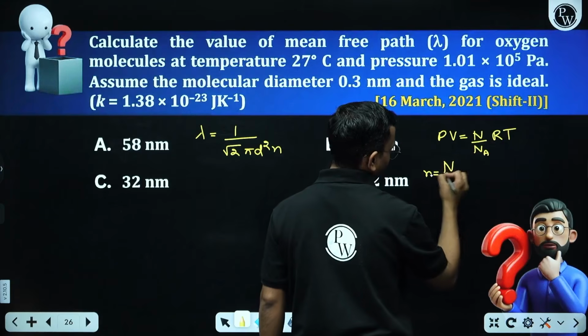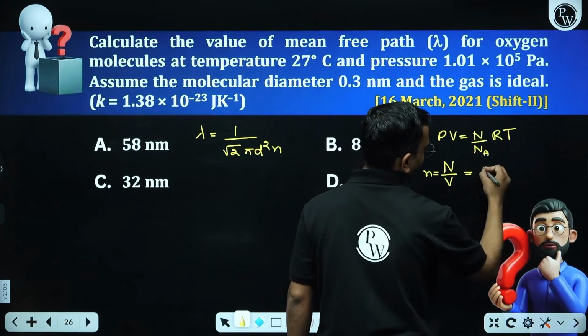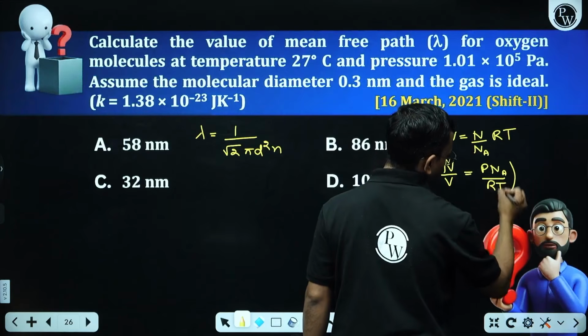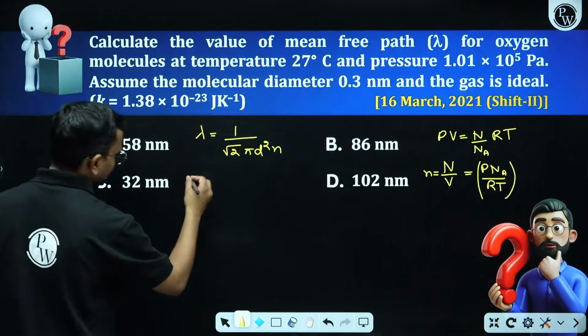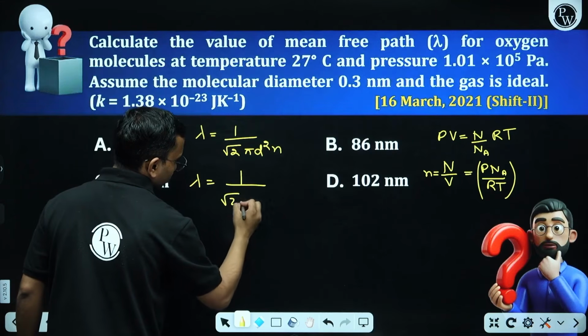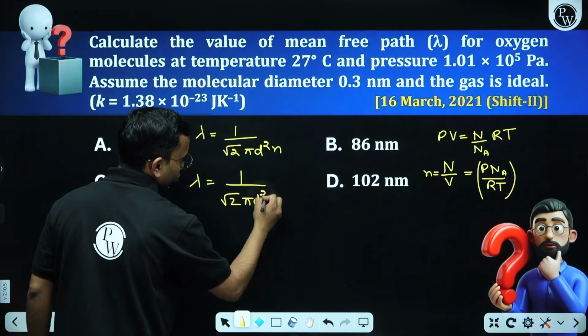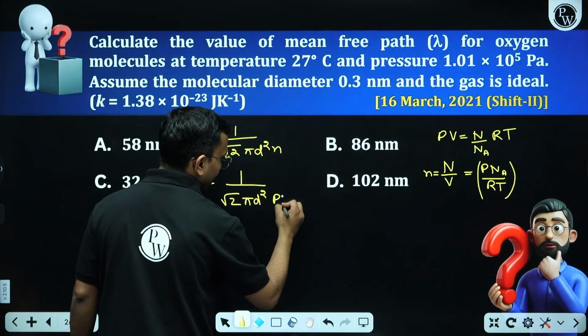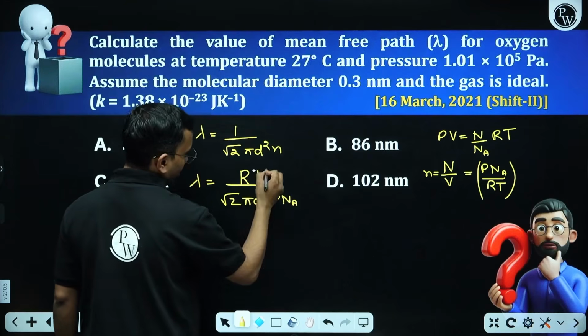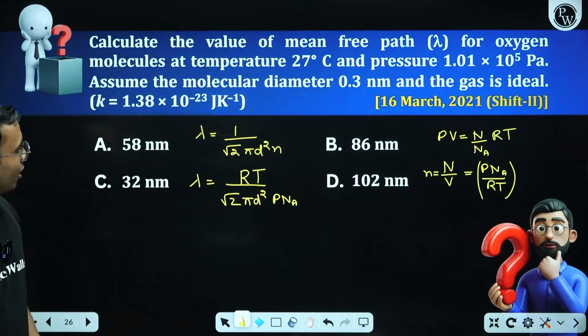This is my n, and what it is now, P N A by R T. Put it here. So lambda is equal to 1 by root 2 pi d square P N A by R T. Everything is fine.